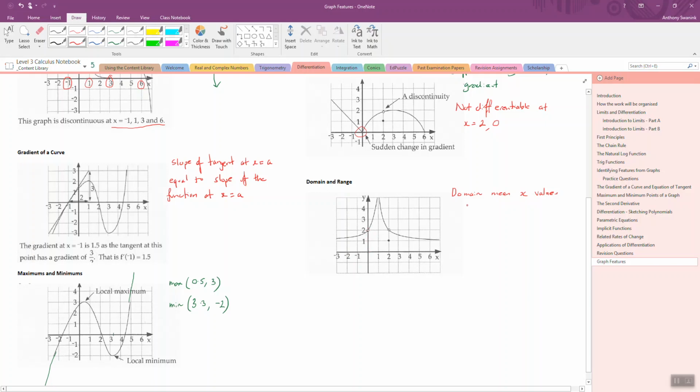So we would say that 0 is not part of the domain because the function is not defined at x equals 0. There's another point like that when x equals 1. What's the y value? Well, we don't know. There is no defined y value here.